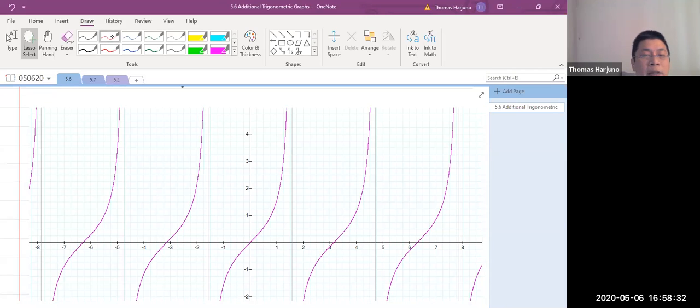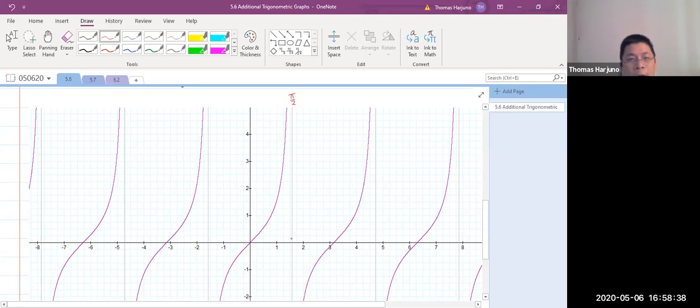Now we can see that this is pi over 2. If you use a calculator, that will be 1.5 something, I think 1.6 something. And this is 3 pi over 2, 5 pi over 2. Those are the asymptotes.